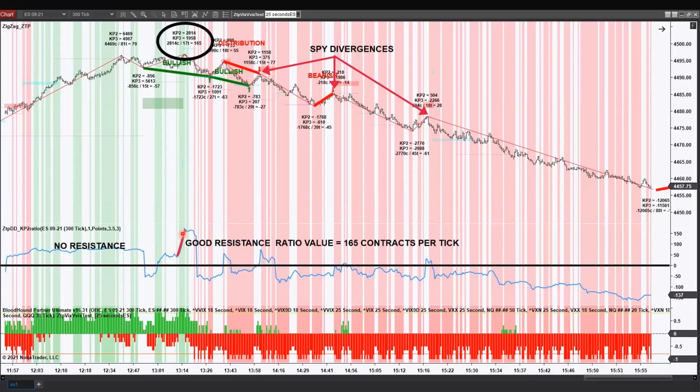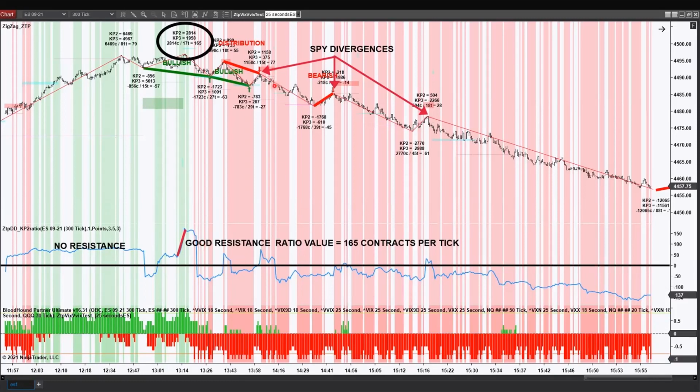And that's what we see. That's why I put this red line right here. And basically, we just see that spike, and we get the ratio value of 165 contracts per tick. This is where the sellers finally stepped in with limit orders to stop this move higher.